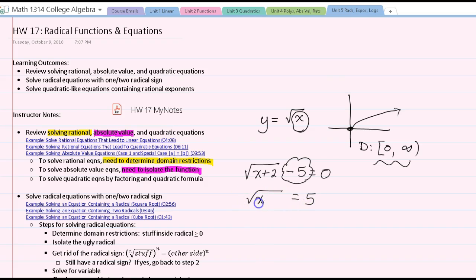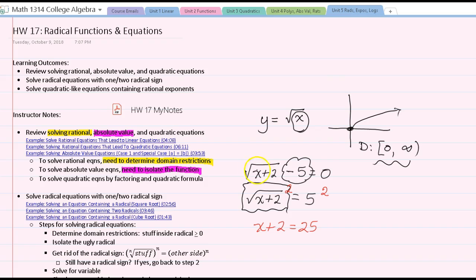Now that we've isolated the radical, we can use our techniques to get rid of it. Since this is a square root, we square both sides, and we get x plus 2 is equal to 25. Then we can find our value for x, and check it to make sure it works.